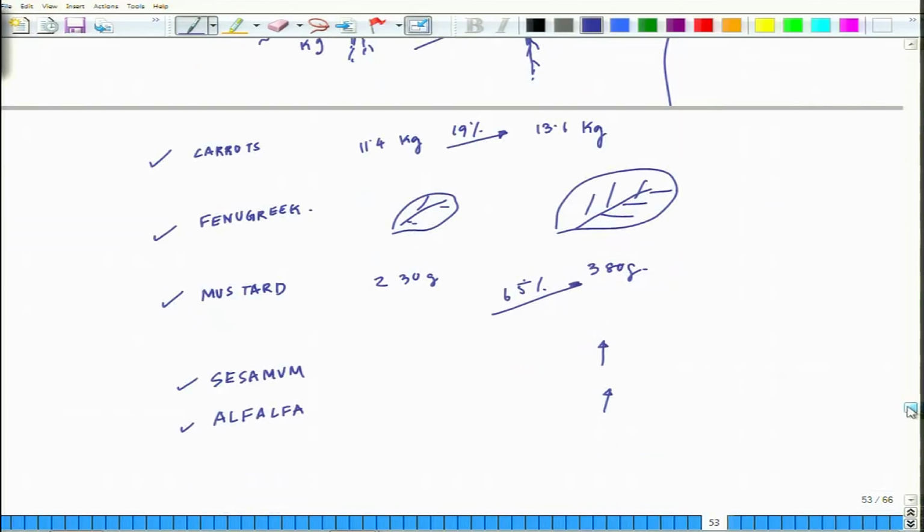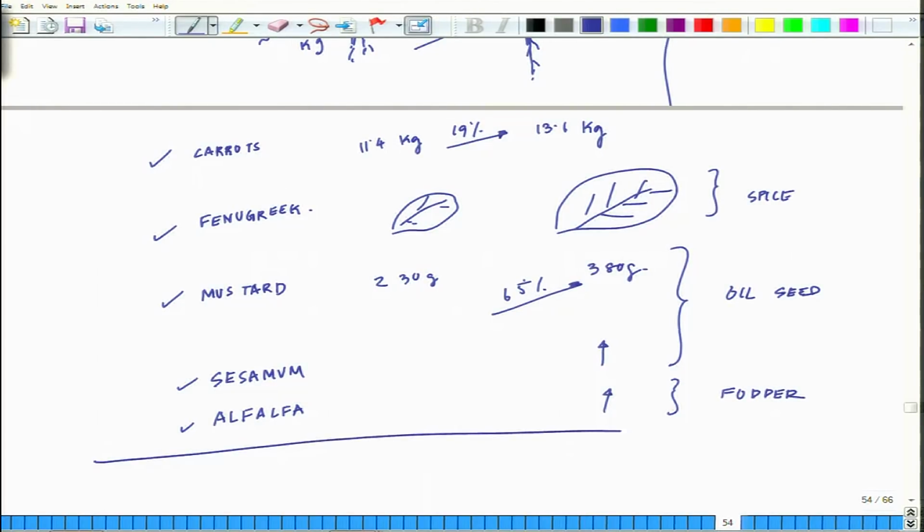Then, of course, some people use fenugreek also as a vegetable or as a spice. It's a spice crop. Then you have mustard, which is an oilseed crop, mustard and sesamum. And here you are having a fodder crop.